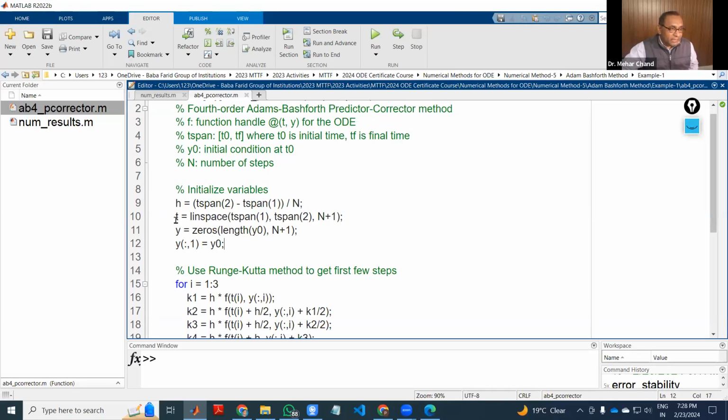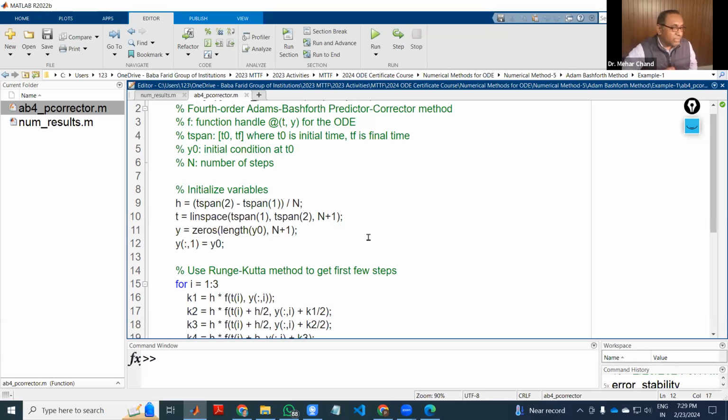Then t will be the linspace from the first value of this interval to the last value. tspan(1) is the first value of the interval, and this is the last value, and these are the number of points required. If the step size is h, the number of points will be n+1. So these points will be generated using the step size and saved in t, and corresponding to all these points we need the y vector, as we do in all the previous examples.